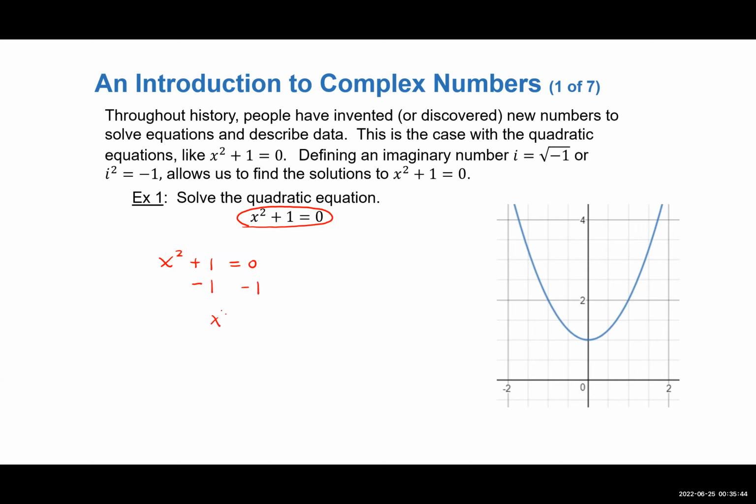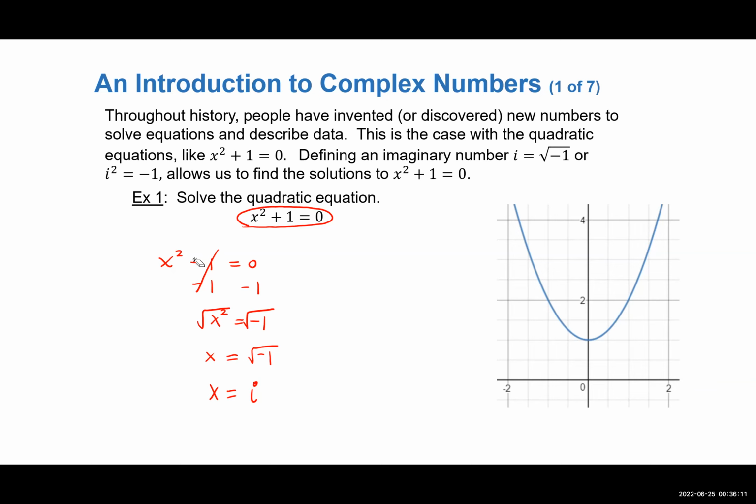So we get x squared equals -1. Then to undo the square, you take the square root. The square root of x squared is x, and the square root of -1, we usually say that doesn't exist, but now we're actually going to say it's equal to i.